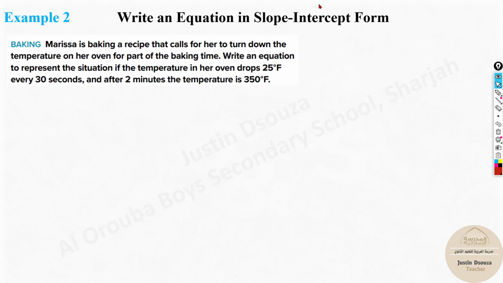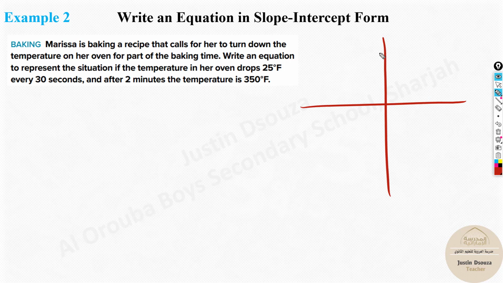Now this is important because they have told us in terms of time and degrees Fahrenheit. Always remember, y is something like a temperature, or in this case, y is this temperature, the y-axis. So time is x, because as x increases 1, 2, 3, what is the y value?